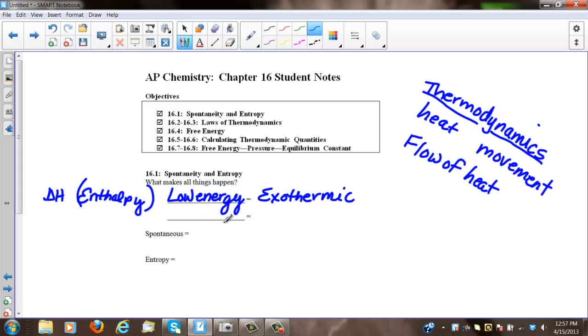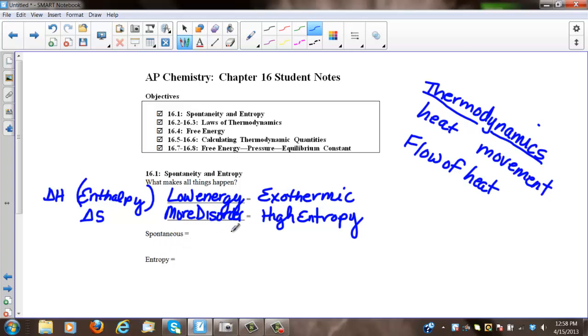And entropy. Entropy is disorder. So things in nature tend to move toward more disorder, so high entropy. And when we talk about entropy in this unit, we're talking about delta S, change in disorder.